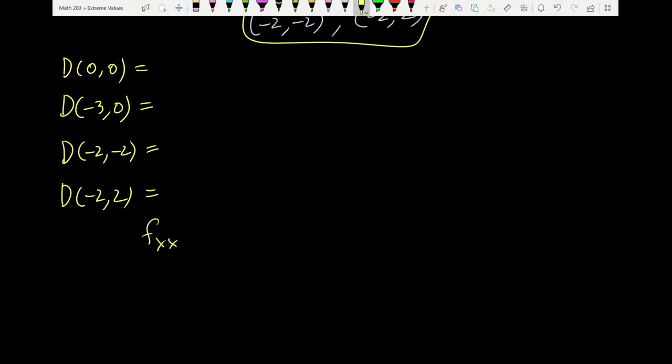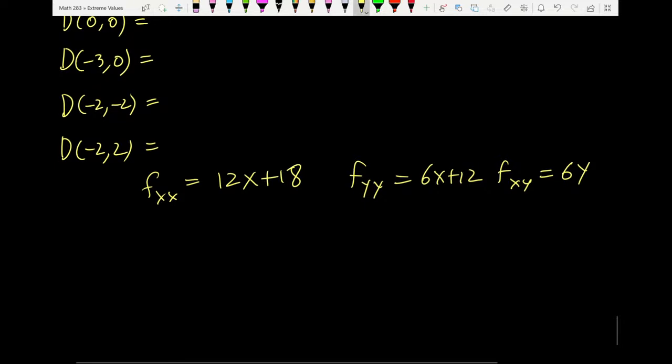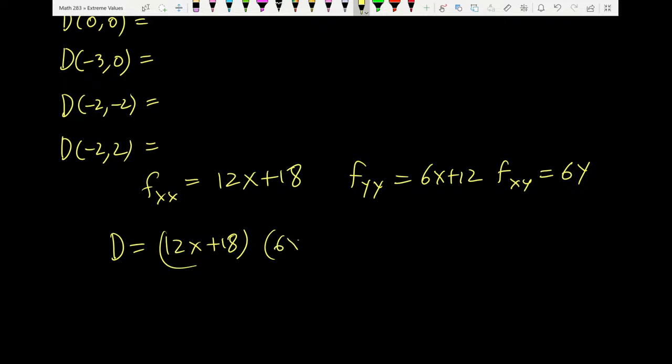F sub xx, what is that? 12x plus 18. F sub yy is what? 6x plus 12, and f sub xy, 6y. Okay? So discriminant would be 12x plus 18 times 6x plus 12 minus 36y squared. Right, guys?